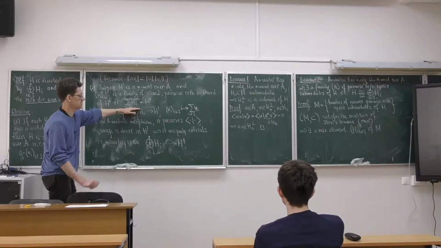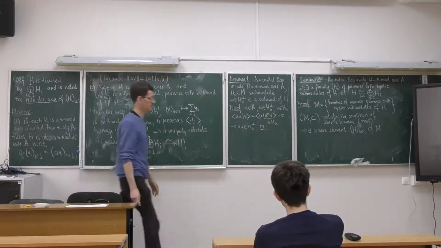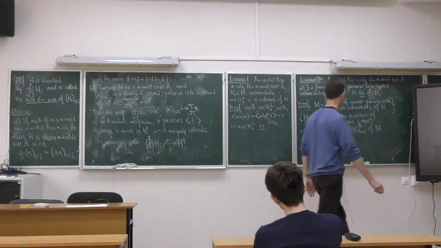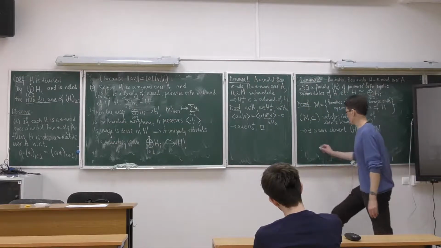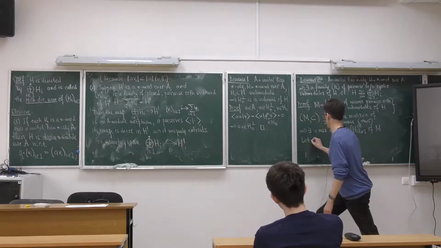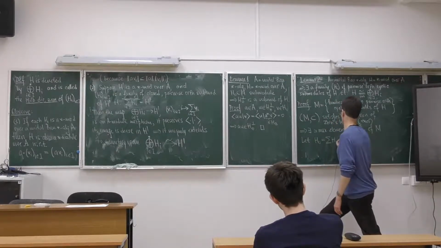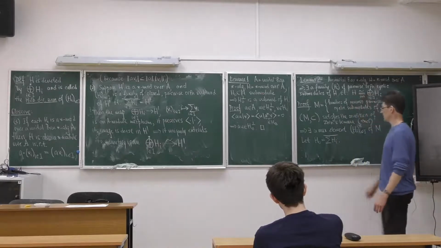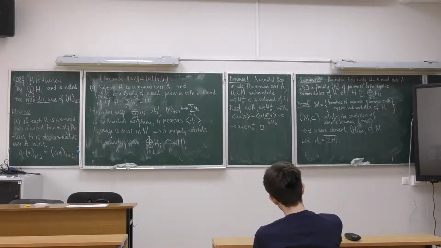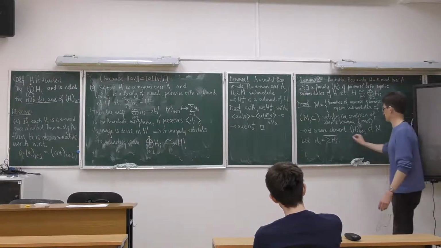So now we have to show that the algebraic sum of this family is dense in H. So let's denote by H0 the closure of their sum. And suppose that this is strictly smaller than H.